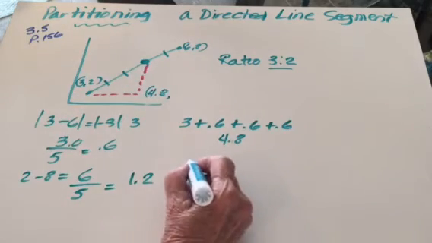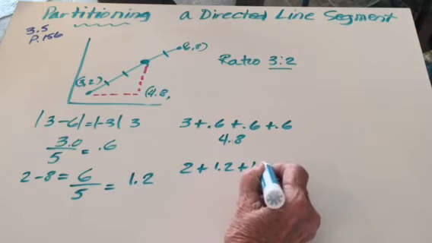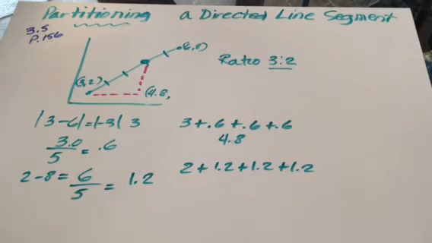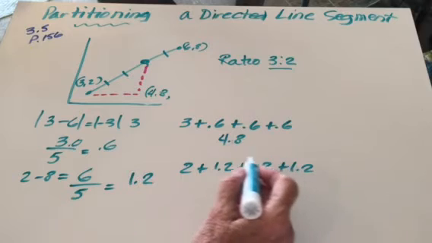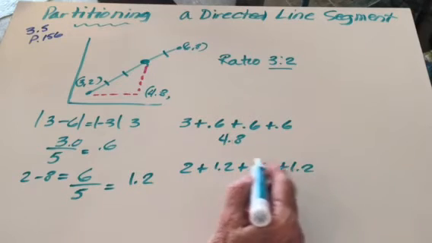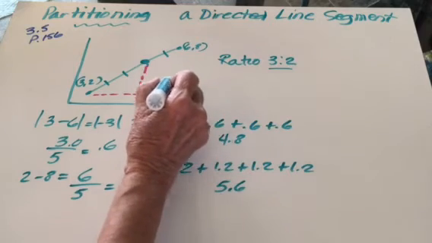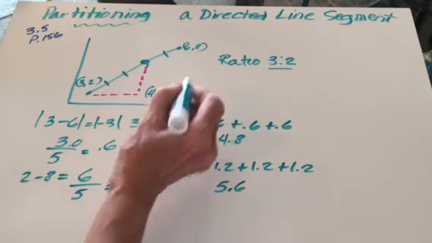So I'm starting on 2. 2 plus 1.2 plus 1.2 plus 1.2 equals 5.6. So my new coordinate, 5.6, is this.